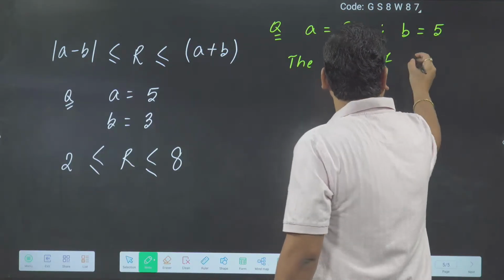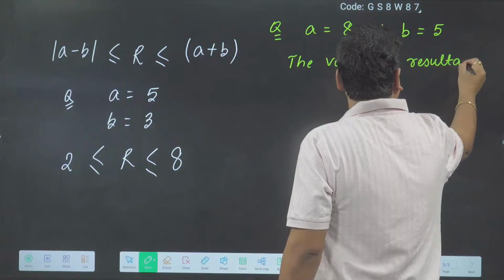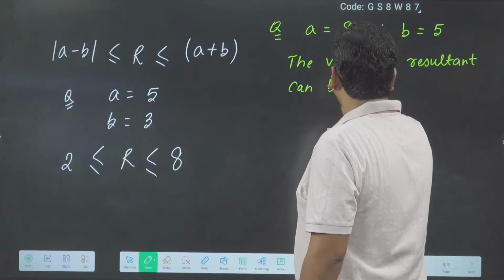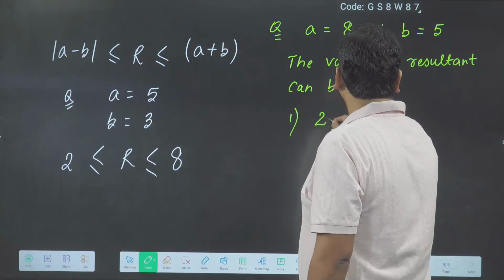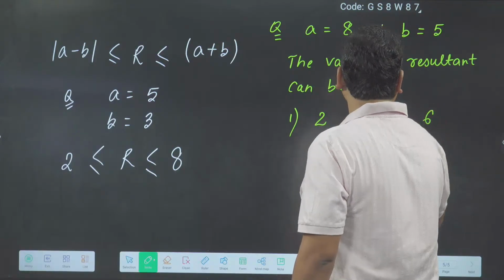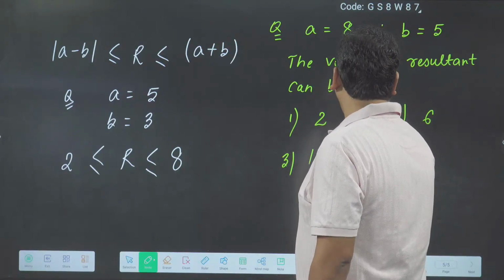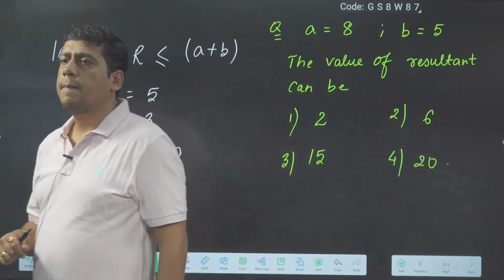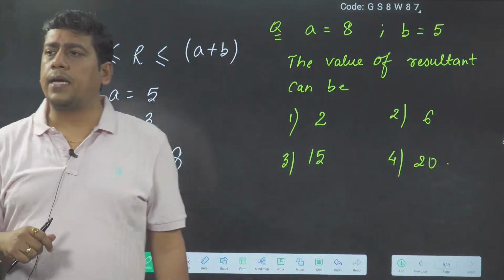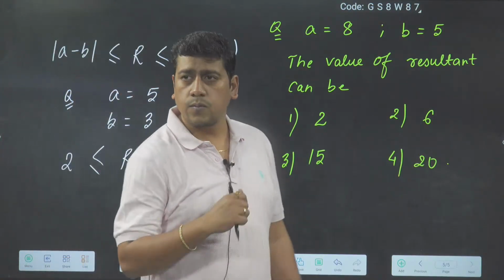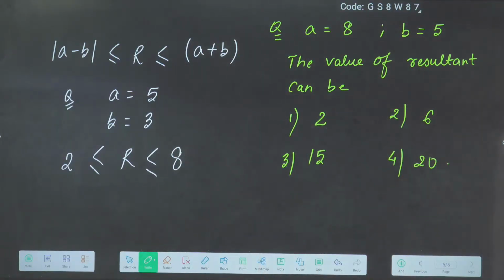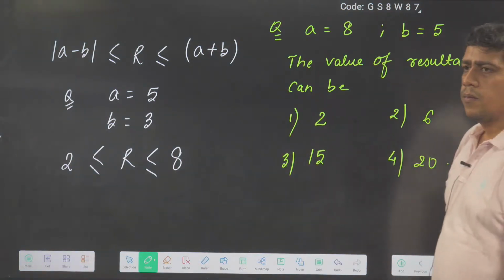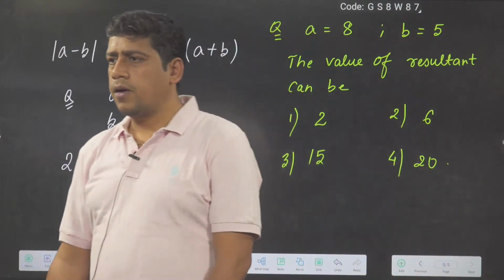The value of resultant can be: option 1, 2; option 2, 6; option 3, 15; option 4, 20. The value of resultant can be... Good. Very good.